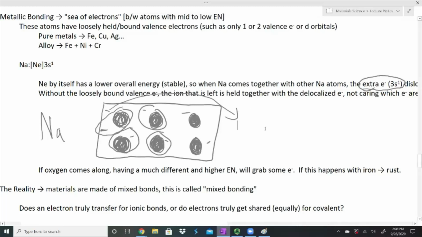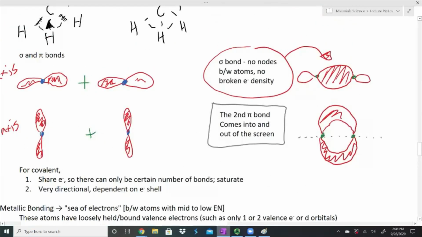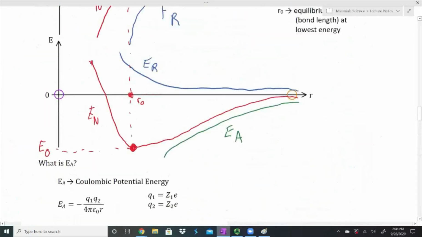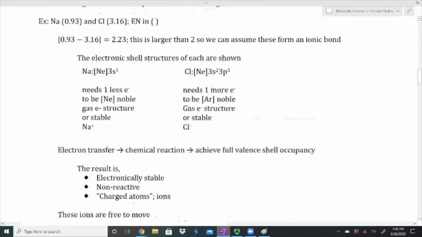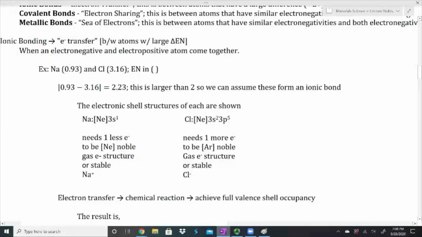Now, one quick thing, let's say that oxygen comes along, and oxygen has a much different and a higher electronegativity. And so sodium has a low, oxygen has a high, and if we scroll back up, we look at some of these things in here, for ionic bonding, if I have a spot where I have atoms with large differences in electronegativity, I get an ionic bond.